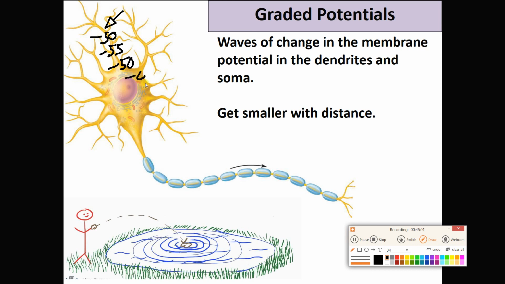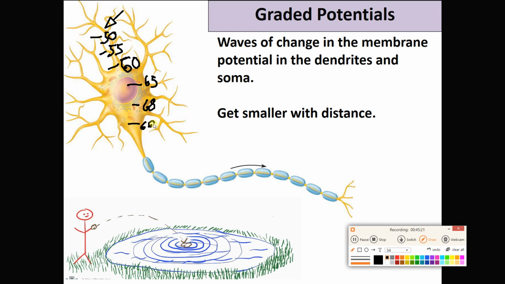Whoops. I made a mistake. I went the wrong way with my math. Bear with me here. Where I wrote negative 50, what should I have written? Somebody may have caught me on it. Negative 60, which then depolarizes the next spot to negative 65, and the next spot to negative 68, and the next spot, the axon hillock, to negative 69.